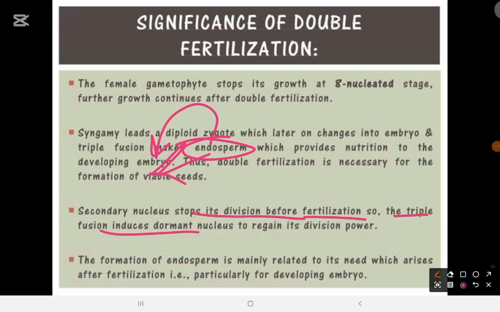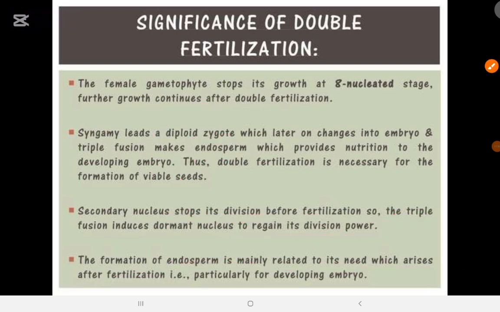So the triple fusion includes a dormant nucleus, and that dormant nucleus will now regain its division power after the fusion. Then the formation of endosperm is mainly related to its need, which arises after fertilization, because of the nourishing of the zygote and the embryo. All right.